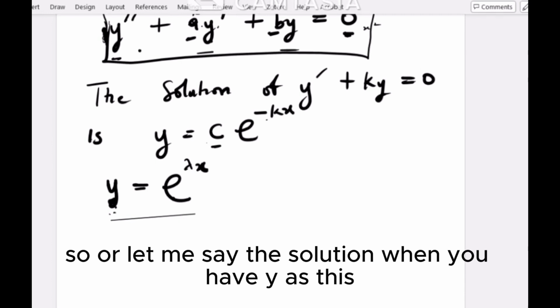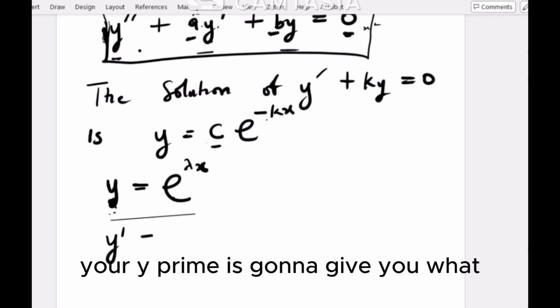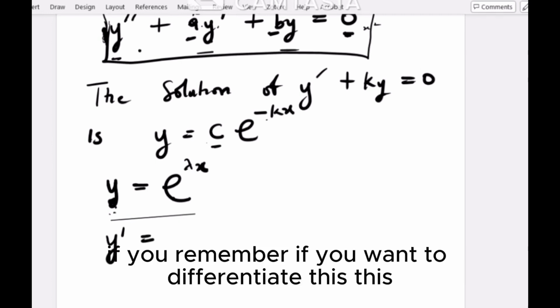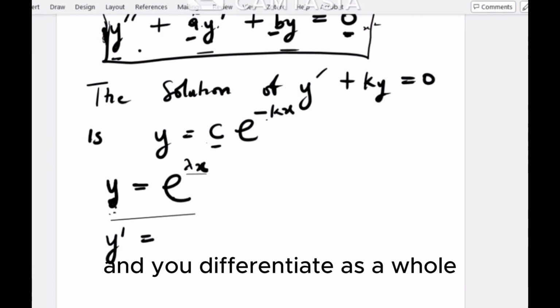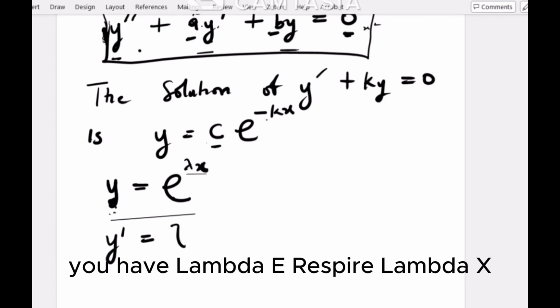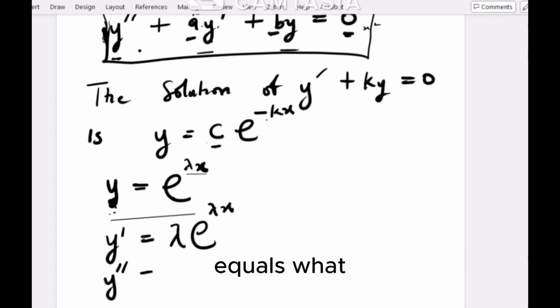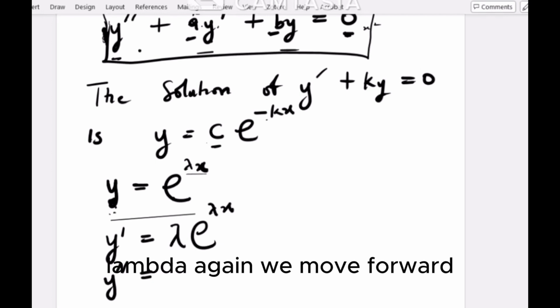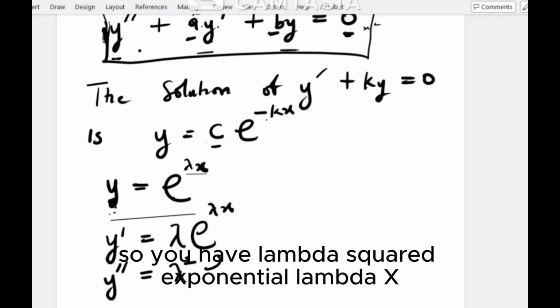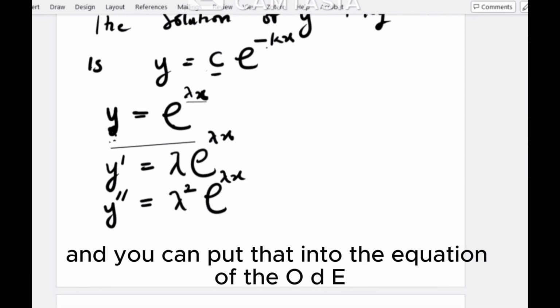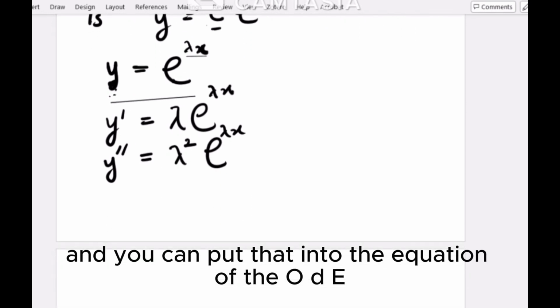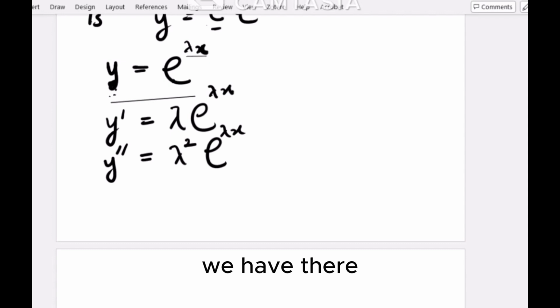When you have y as this, your y' is going to give you what? If you differentiate, you have lambda e^(lambda x). And if you differentiate again, lambda moves forward again, so you have lambda squared e^(lambda x). And you can put that into the equation of the ODE we have there.